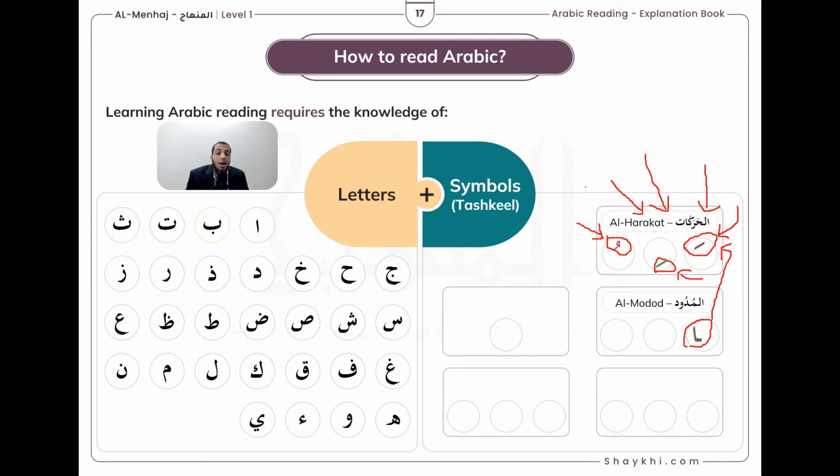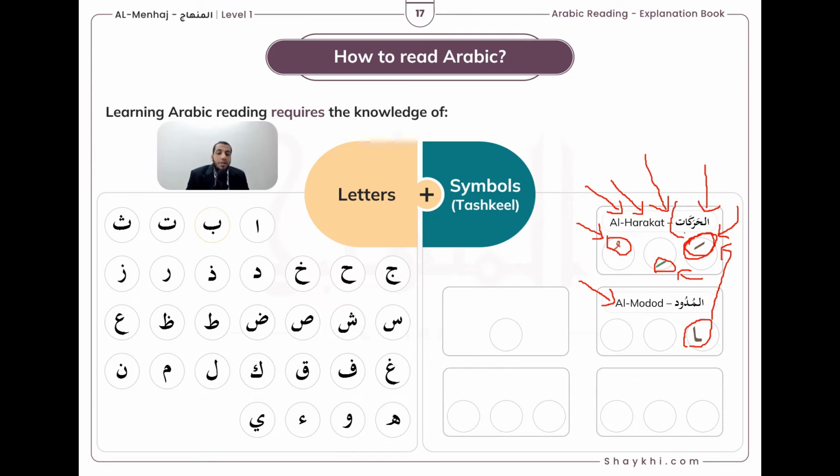We said al-harakat are the short vowel sounds that are added to the letters, and al-mudud are long vowel sounds that are added to the letters. So al-madd bil-alif will be pronounced while we are opening our mouth, and al-fatha will be pronounced while we are opening our mouth.